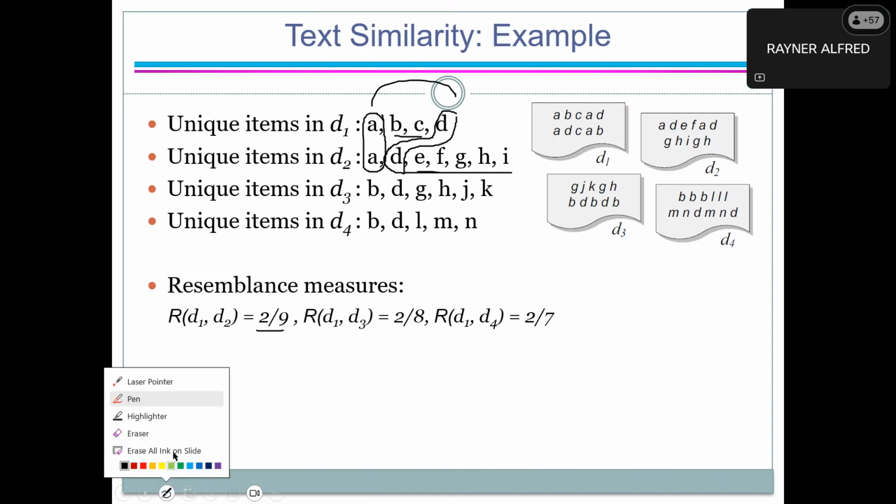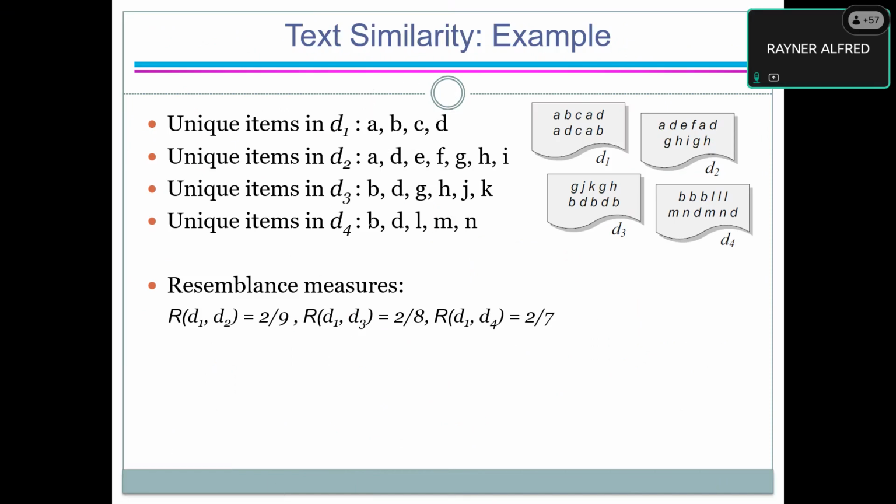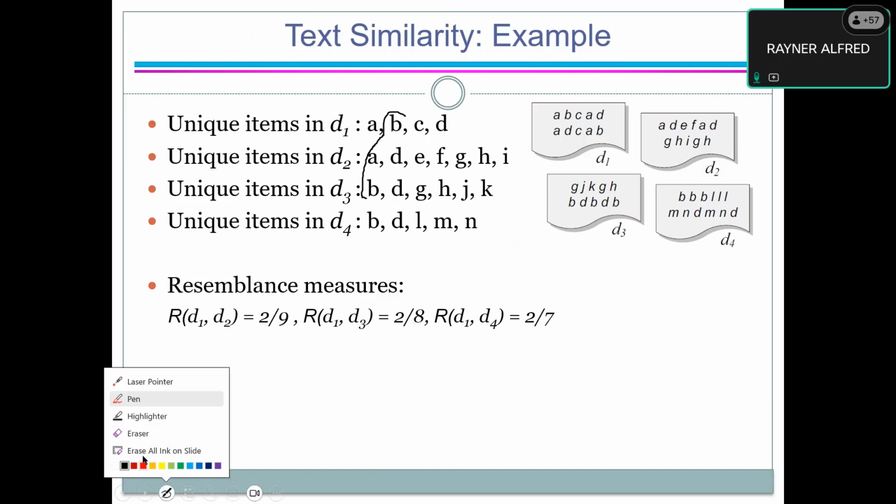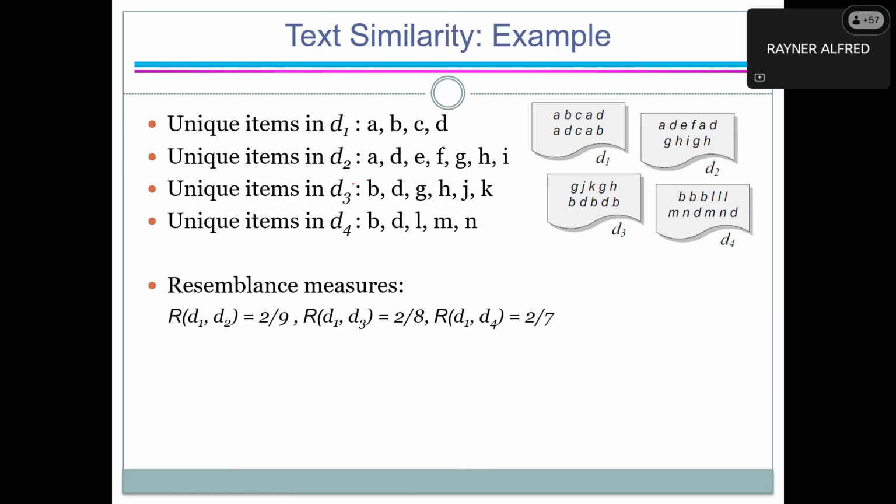So for document 1 and 3, let me use a different color. For document 1 and 3, we have B, and then we have D. So only 2 are common. When you combine the unique terms, we have 2 here, plus this, and this we have 2, so altogether 4.